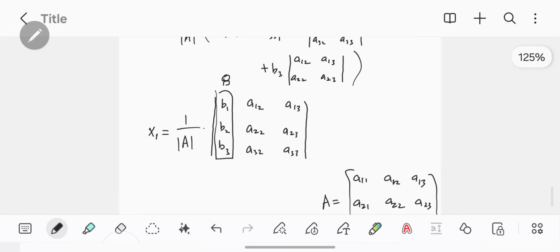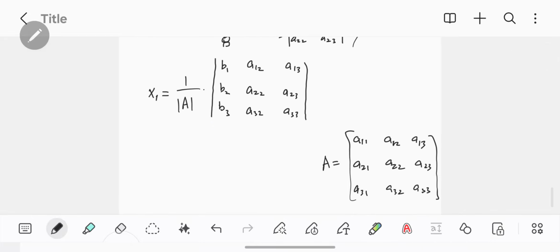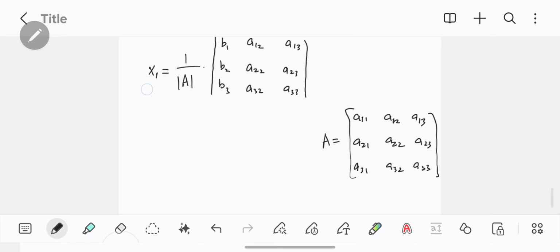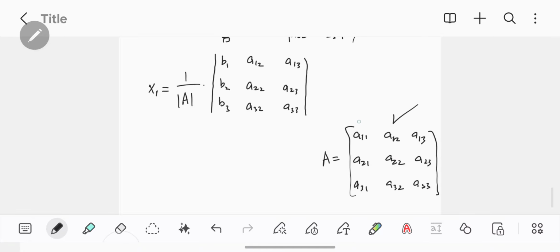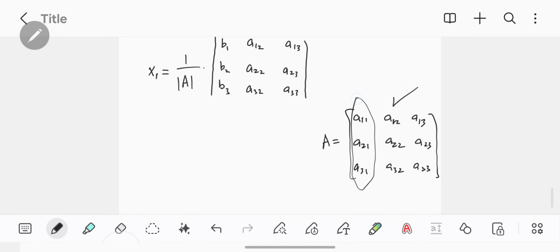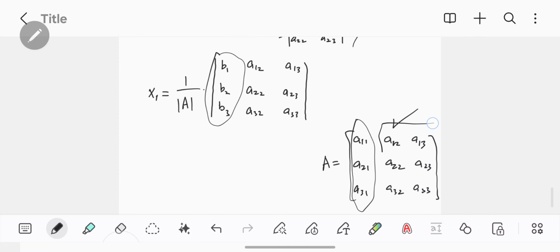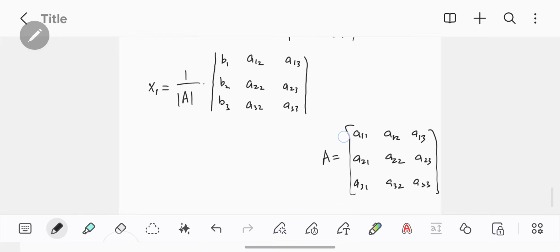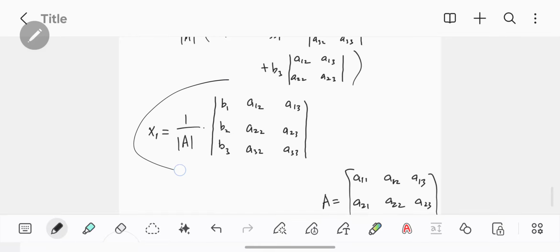So the way we have found everything is, look at the symmetry. x1 is obtained by writing 1 over the determinant of A times this matrix, but replace the first column by the matrix B, okay? If I replace this first column by the matrix B and the other two columns remain the same, then we will exactly get the formula for x1. So this thing I have already proved, okay?